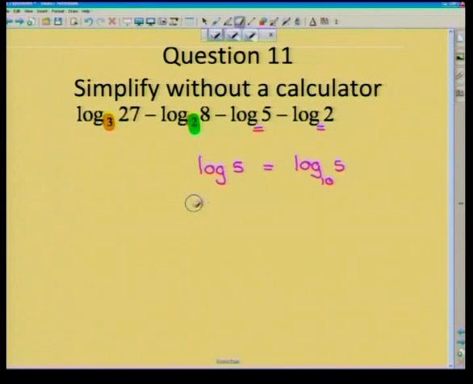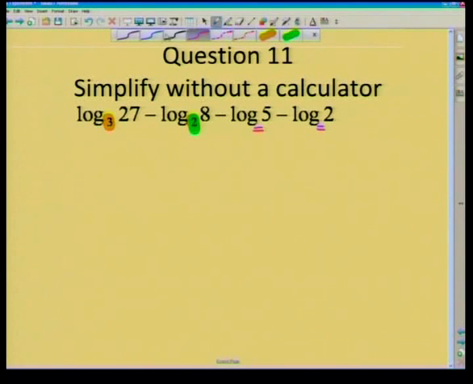So right, let's go over here and take that away and let's start looking. Right, so let's start with the log to the base 3 of 27. We know that 27 can be written as 3 cubed. Now remember that story, this power can go in front, so I can put it in front and I can leave the rest of it here.